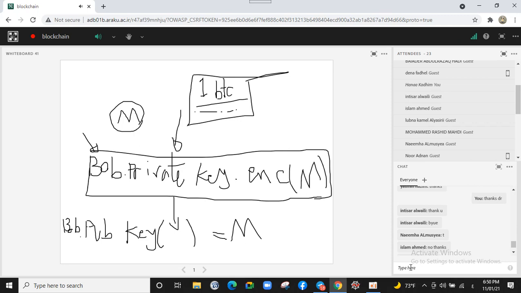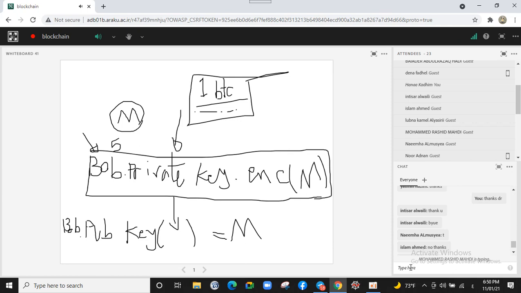But what's the application of this method? The application is proving that the sender is Bob. For example, suppose that Bob has 5 Bitcoin. I cannot spend some Bitcoin on behalf of Bob, because I don't have the private key of Bob.